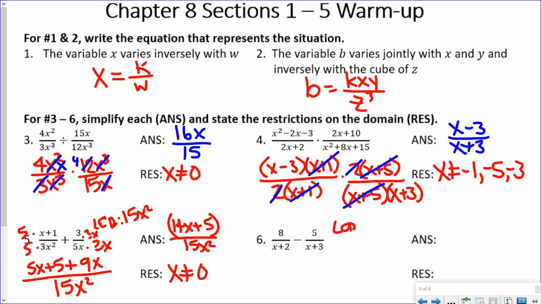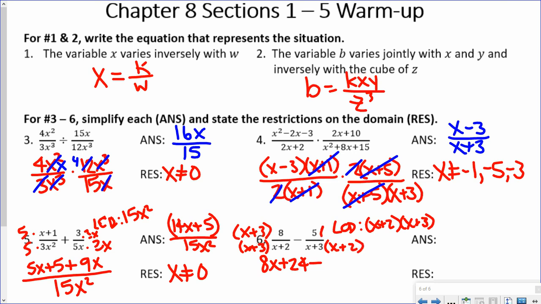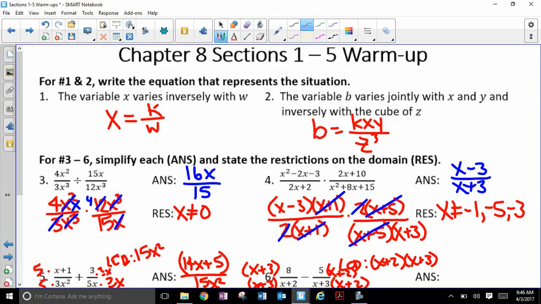All right, for this one, our LCD is x plus 2, x plus 3. It's just those two binomials. So we multiply this one by x plus 3, because that's what it's missing. So when you distribute, you get 8x plus 24 minus, when this one we have to multiply by x plus 2. And then we're actually distributing a -5 to that.